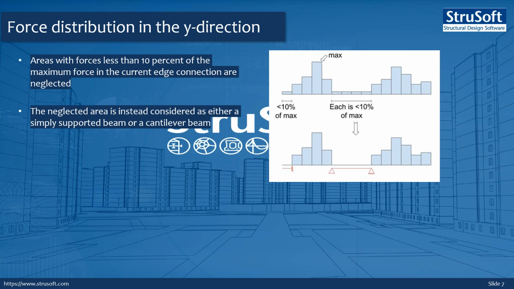And I say neglect, but that's not entirely true, because we do consider these areas as beams, basically. So if they are positioned between two other areas, they are considered as a simply supported beam. And if they are at the end of the edge connection, it is considered as a cantilever beam.